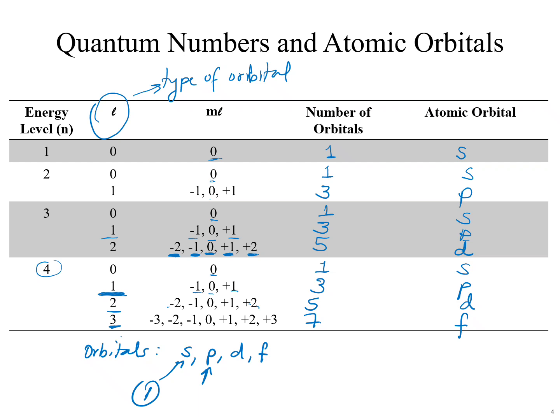P orbitals, we have 3 possible values of m sub L. It means that everywhere that you have a p orbital listed, you're going to have 3 of them.